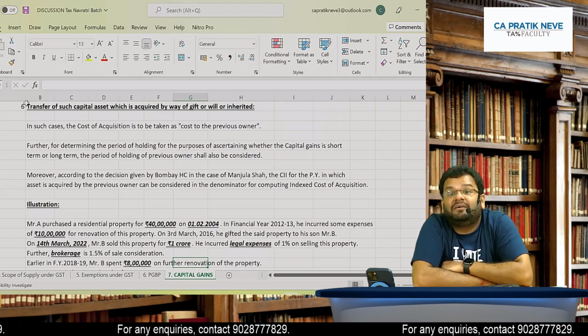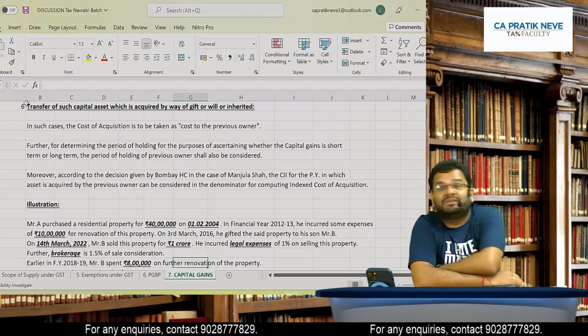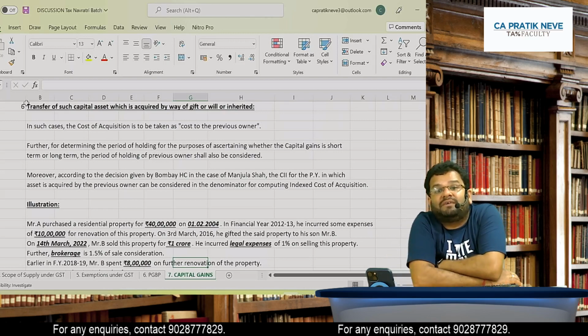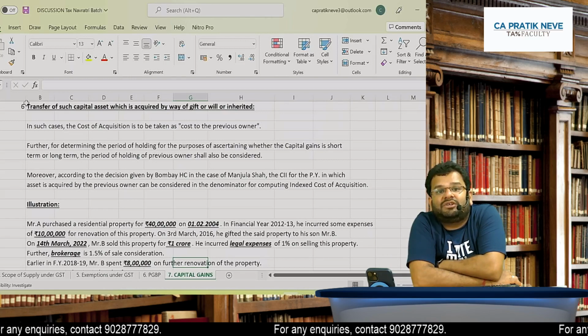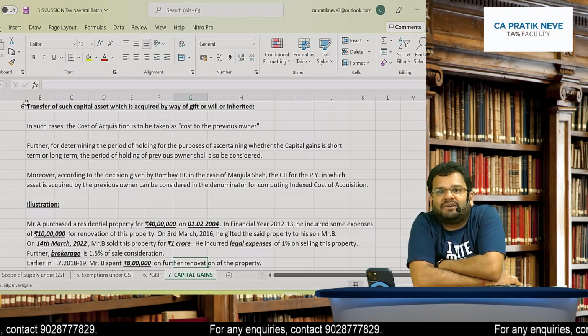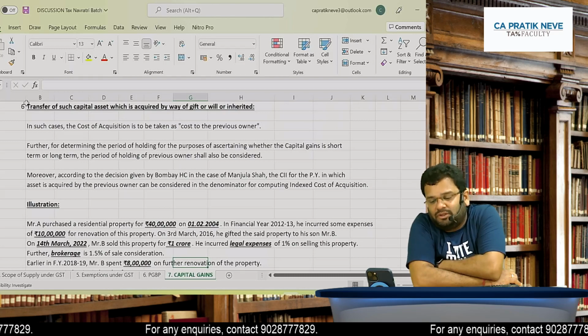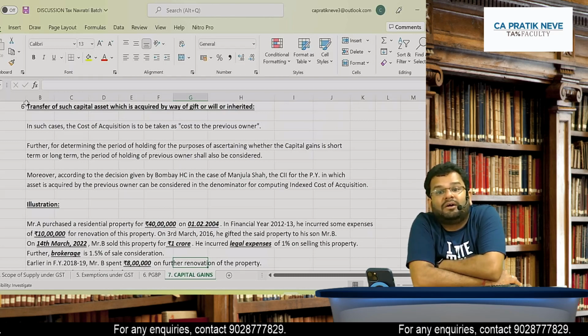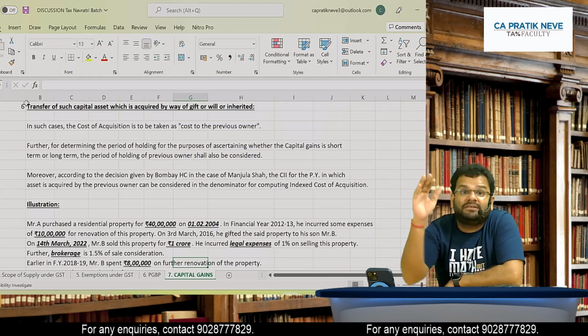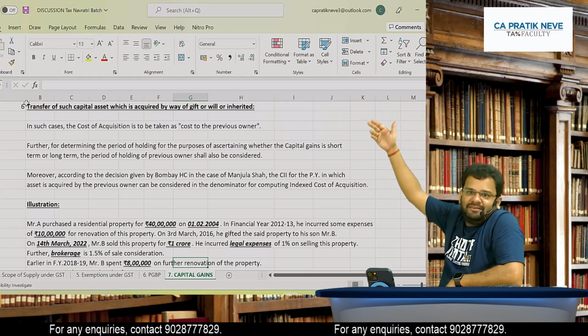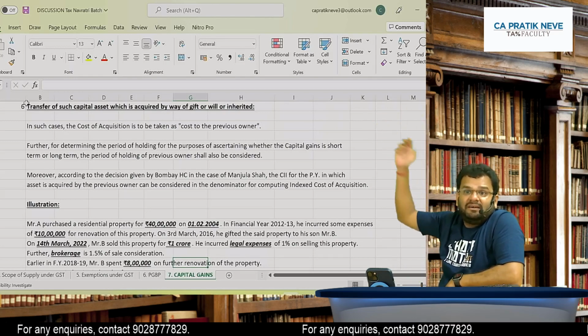Agreed? My simple question to you is, where is your benefit, in taking the CII for the SSC's year of acquisition or in taking the CII for the previous owner? Where is your benefit? Previous owner. Wonderful. Because previous owner means earlier CII.